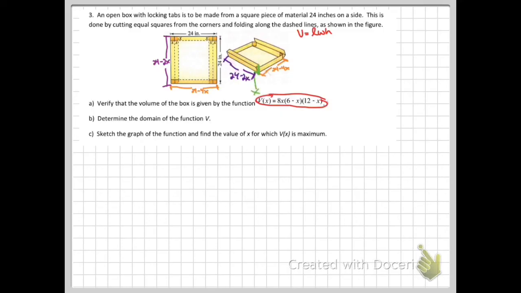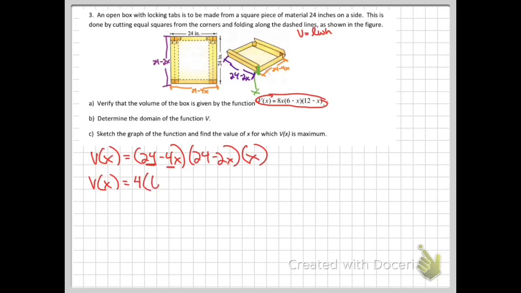So for volume, in terms of x, volume equals length, so 24 minus 4x, times width, so 24 minus 2x, times height, so x. Cleaning that up a little bit, GCF, 24 and 4 divides into both of those. GCF, 24 and 2 divides into both of those. And then the final x.